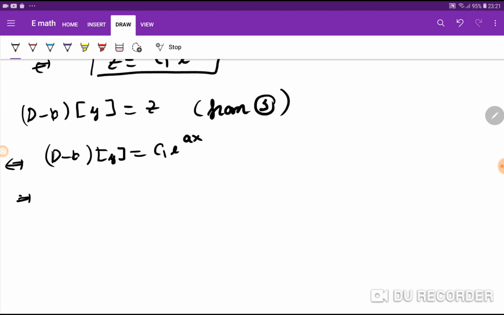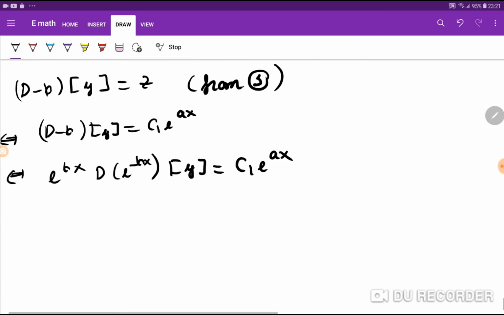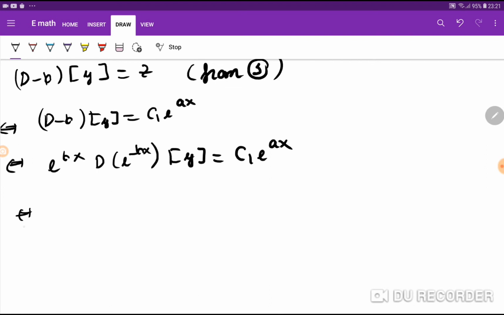Then I'm going to apply the legendary formula. I love this so much. I love this, applying this legendary formula. Okay, divide by e to the power bx on both sides. Okay, that's what you get. C1. Okay, what do you get?